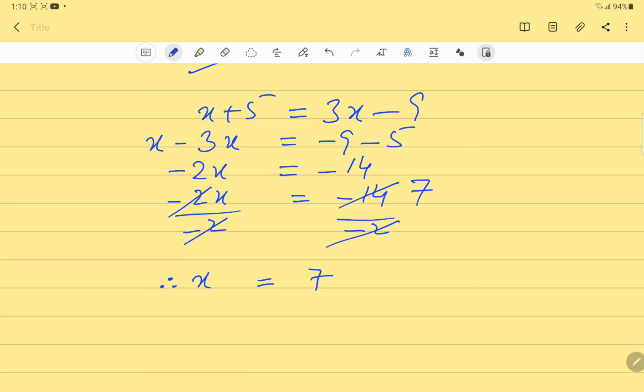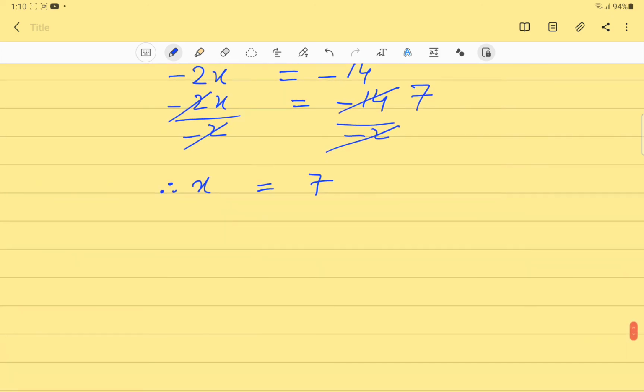And since there was no radical term in this equation, there is no need to check it. Plus 7 is the answer of the question. So our solution set is 7, which is the answer of this question.